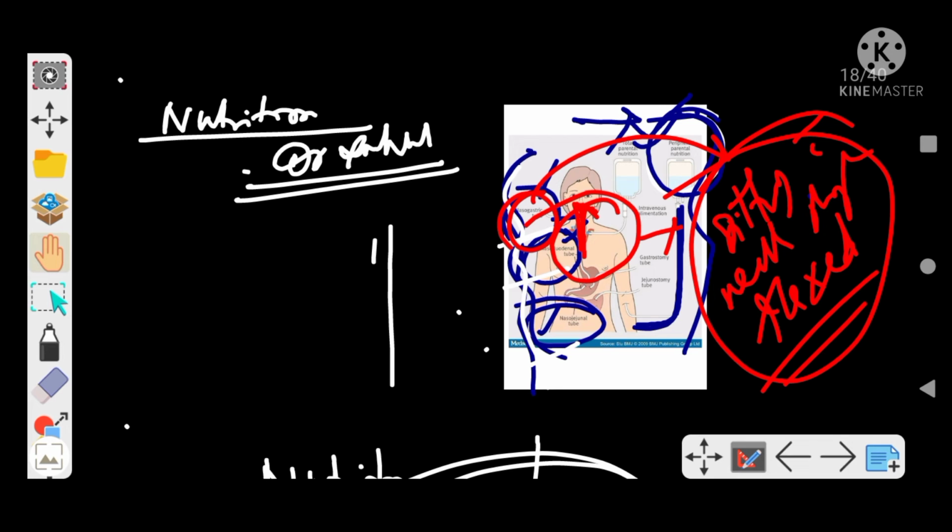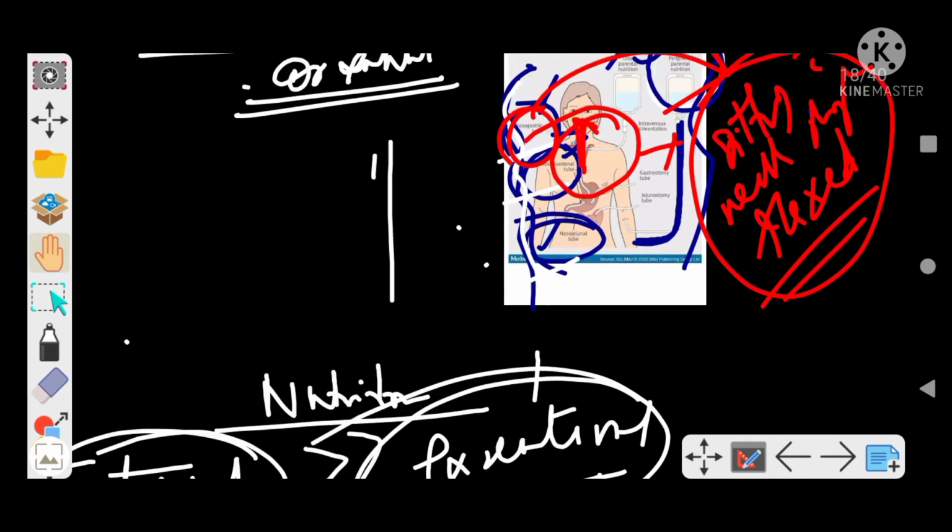Parenteral nutrition is mainly via IV fluids or central lines, and enteral nutrition is with tubes, like the nasogastric tube, nasoduodenal tube, and nasojejunal tube. For the nasogastric tube, the measurement is taken from the earlobe to the tip of the nose, and then from the tip of the nose to the xiphisternum. The best position is sitting with the neck slightly flexed.